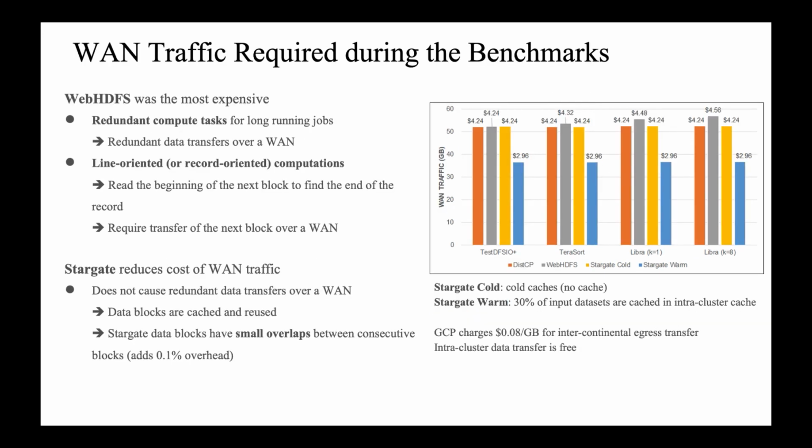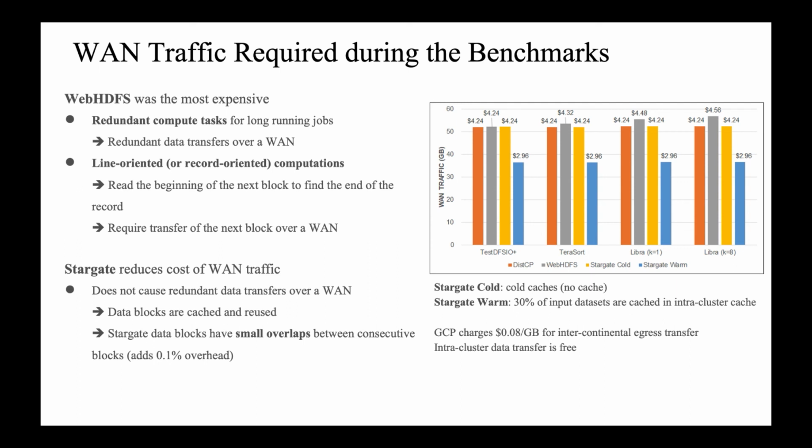This graph shows how much WAN traffic is required during the benchmarks. This is important because WAN traffic not only impacts the runtimes of scientific workflows, but also impacts the data transfer cost.